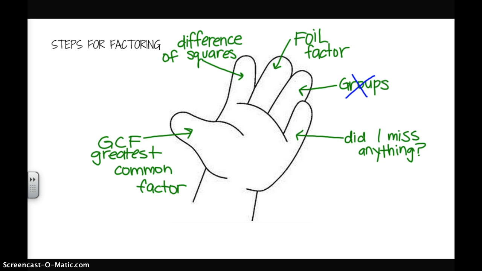Now, as we're looking at this, we're going to look at each one a little bit more in depth. So let's talk about some of those first 3 a little bit more in depth. What is the greatest common factor? Well, the greatest common factor is a number, a variable, or a product of a number and a variable that evenly divides into each term of your expression or of your equation.